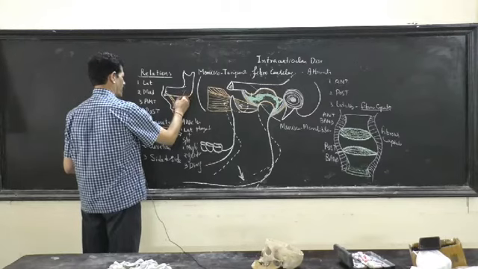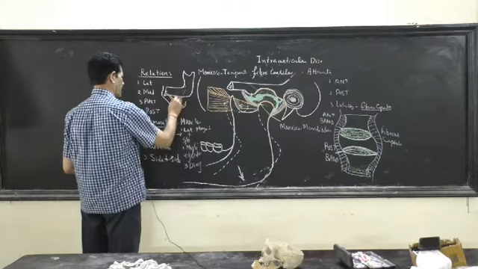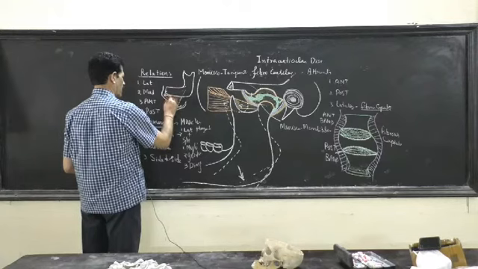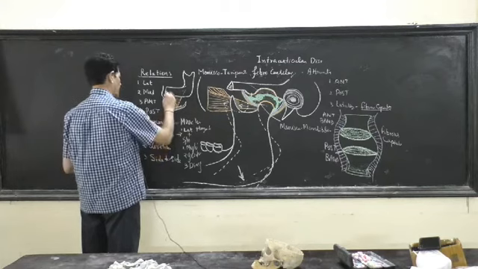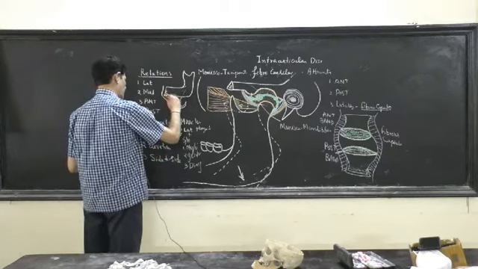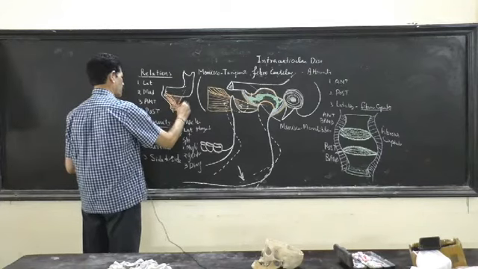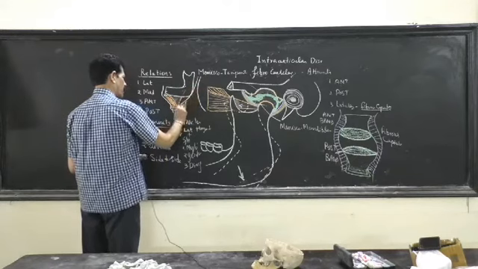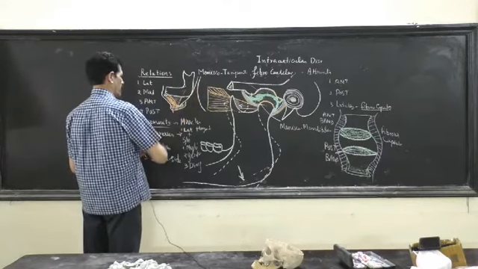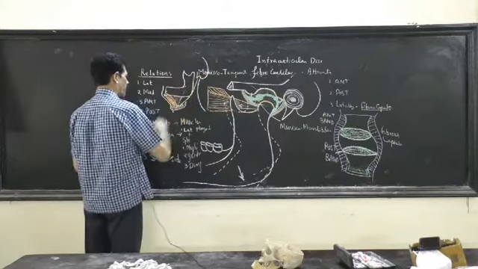So here is the muscle mylohyoid. And above here, the digastric belly, held by the stylohyoid ligament from the styloid process to the mastoid process.